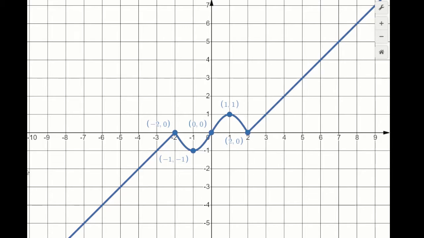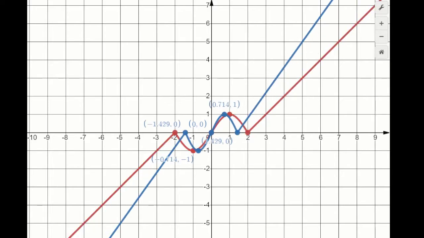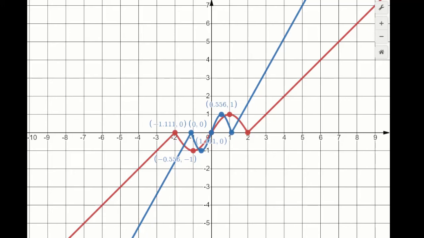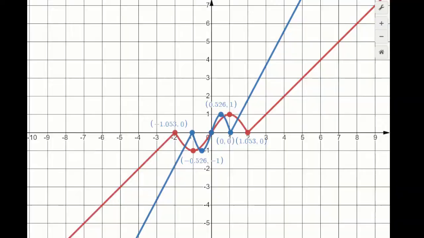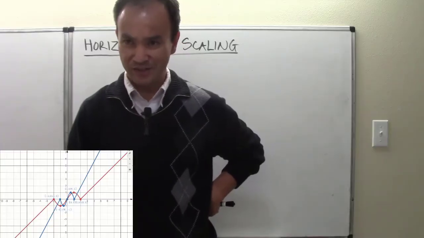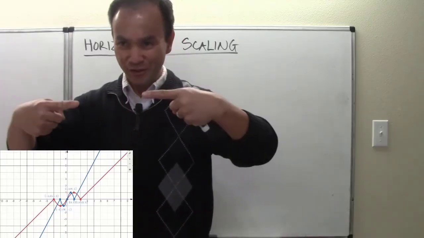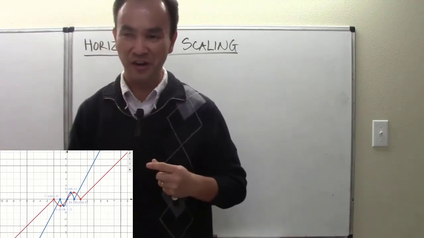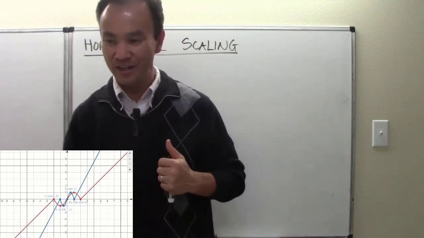Now we're going to study what causes this descendant function to be sideways, or horizontally, compressed. I'm using the term sideways compressed because it's being compressed on the side compared to the original parent function.